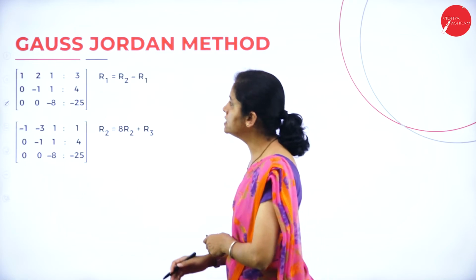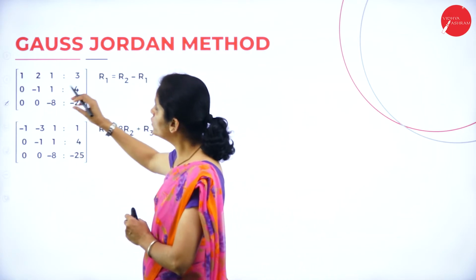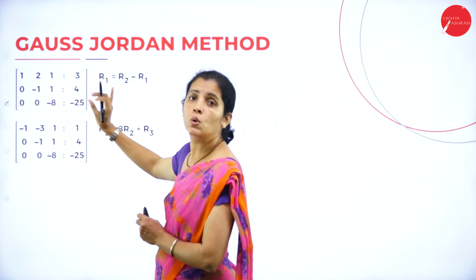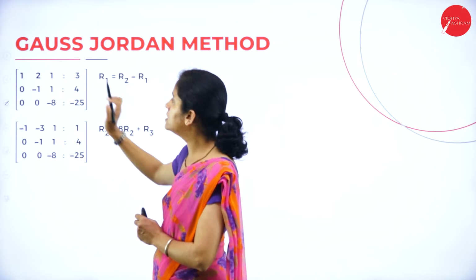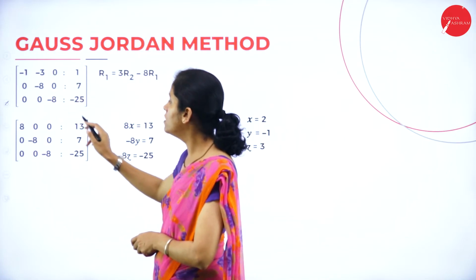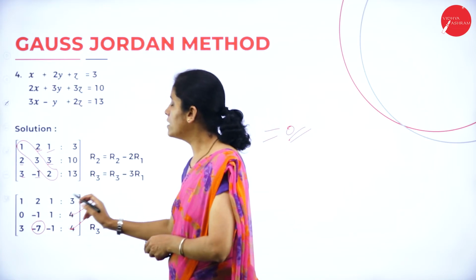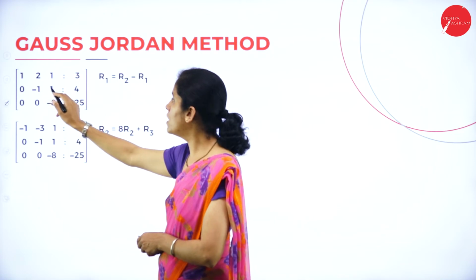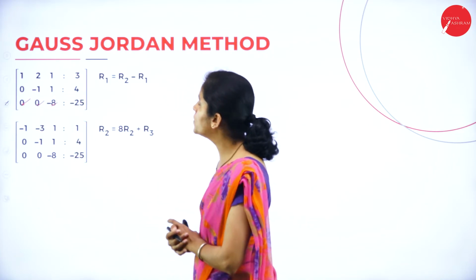So dear students, see here, after applying the formula, I'm going to apply it only for row 3. So 1, 2, 1, then it is 3, 0, minus 1, 1, 4. Then 0, 0, minus 8, minus 25.